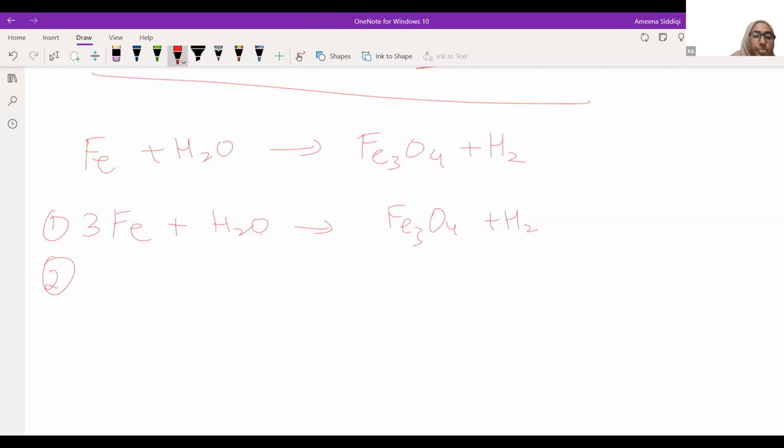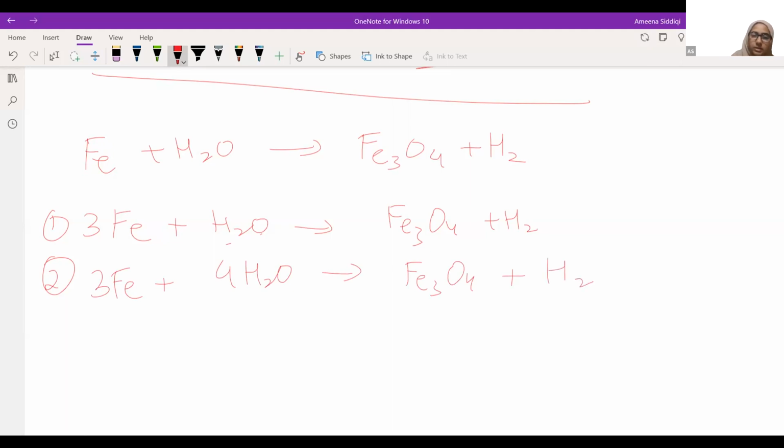Sorry, so we were saying we have 1 oxygen atom here, right? We have 4 here. Can we say? Now oxygen and iron are balanced, right?